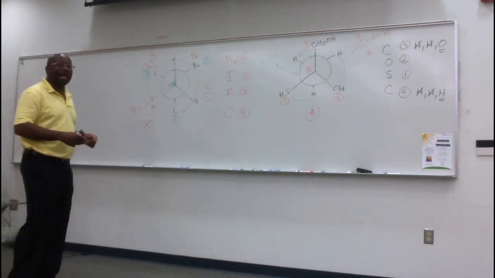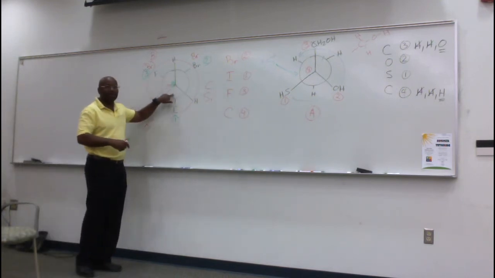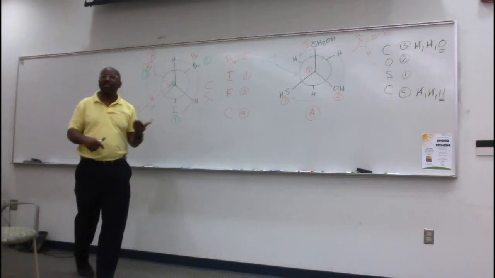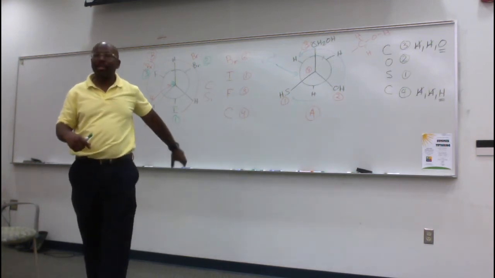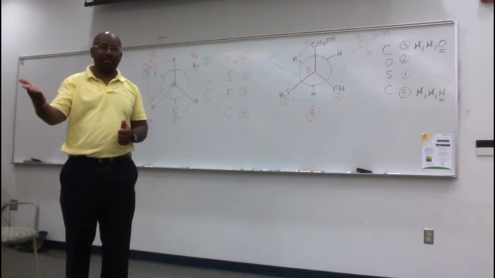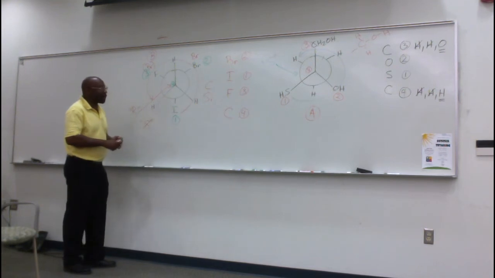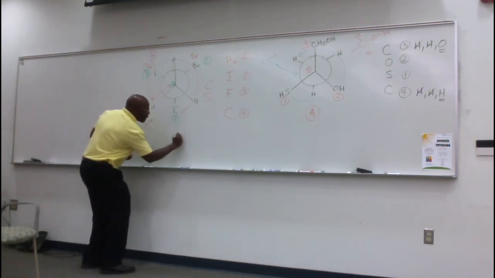The carbon atom for molecule B is carbon number 2. In the projection, carbon number 2 is understood to be at the back. Carbon number 1 is always understood to be in the front. So for molecule B, is the carbon atom in the front or in the back?